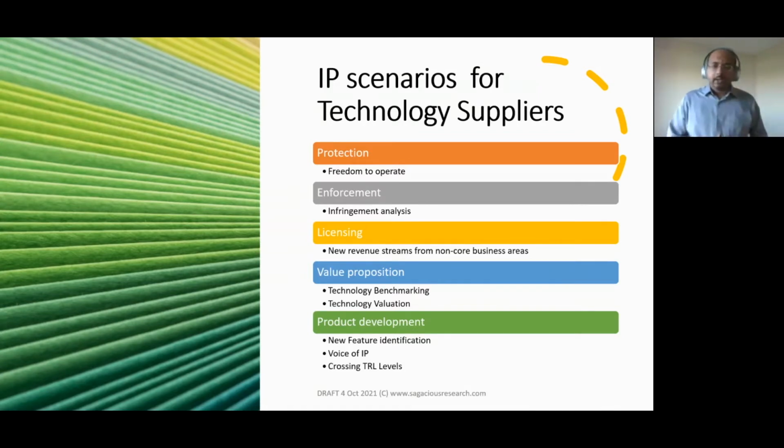The first and foremost reason for technology suppliers is to protect their technology. There is a study called freedom to operate, which ensures that you identify all the risks associated with your product from an IP perspective, to ensure that the product you're launching in a certain market has the freedom to operate there.